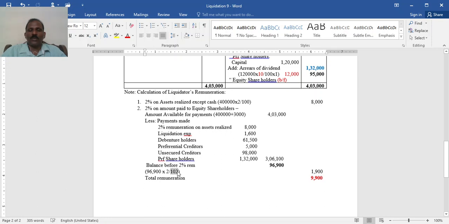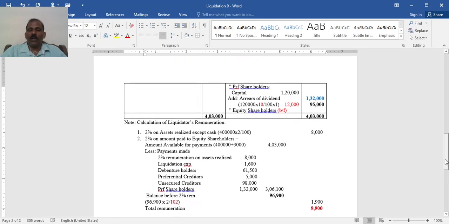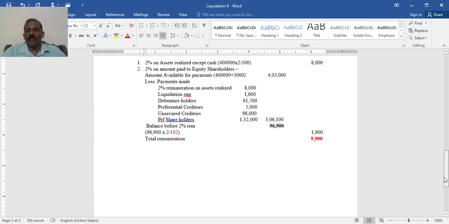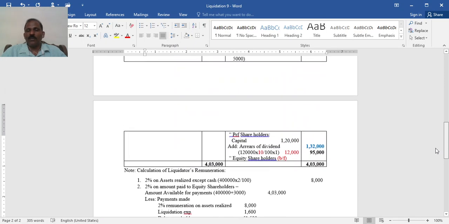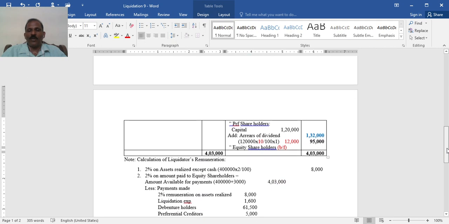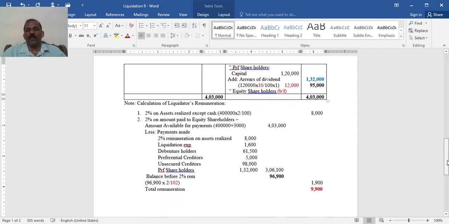This is the usual formula: amount available before such remuneration into rate of remuneration divided by 100 plus rate of remuneration. So total remuneration payable to them will be 1,900.